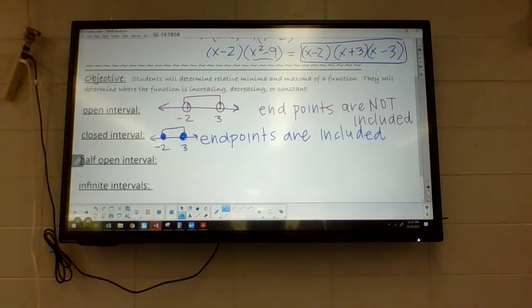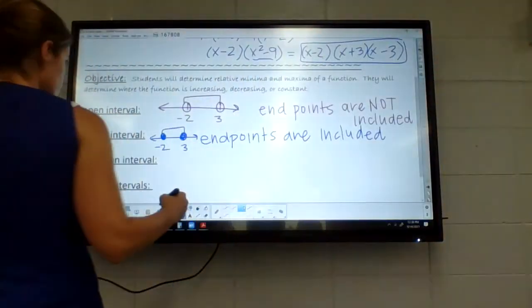This shows up a lot with domains, talking about, is 2 a valid answer? Is that part of the domain or is it not? Is that one of the cutoffs? Half-open is just 1 open, 1 closed, kind of like what you would expect, based off of the other 2.